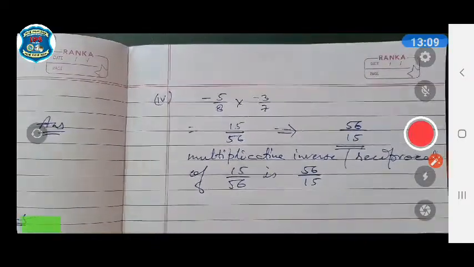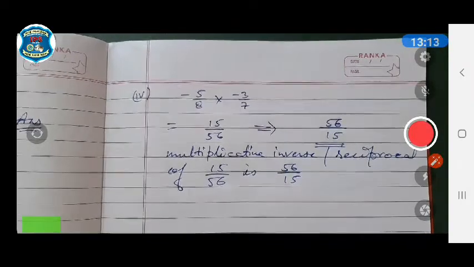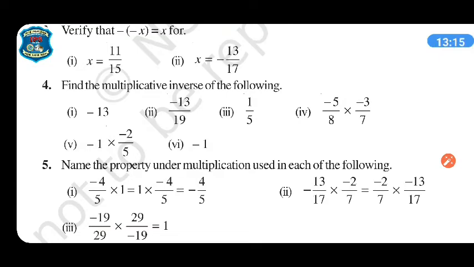In this way you have to write the answer. Understood? So in this way question number 4 you can do.